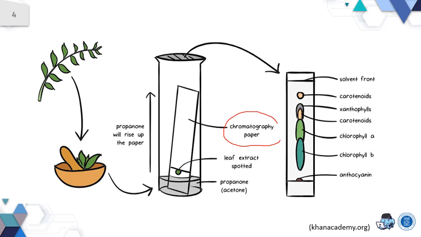Then you put propanone as the mobile phase in here, and then you spot the sample. When it travels, you can see a lot of colors inside. Not only chlorophyll, but also carotenoids, xanthophylls, and anthocyanins. You can find them in the TLC. So you can have a result like this.